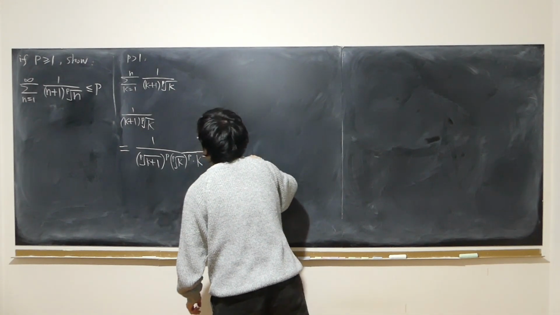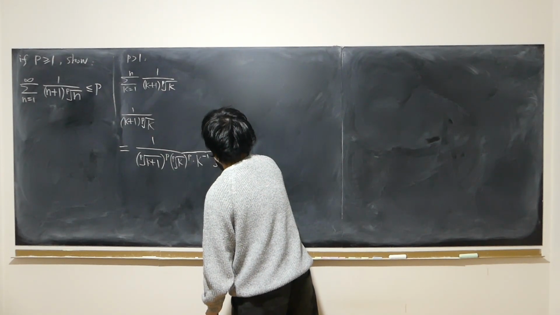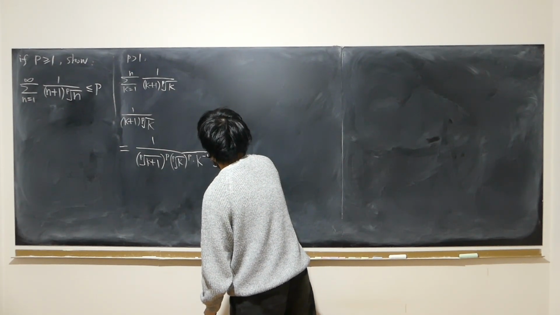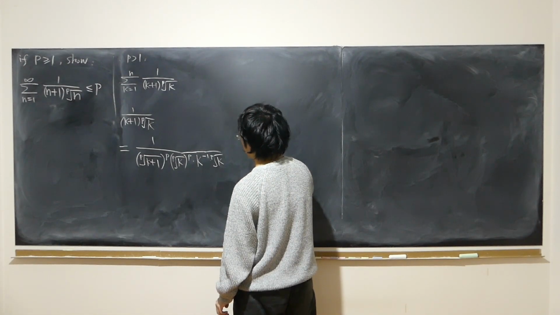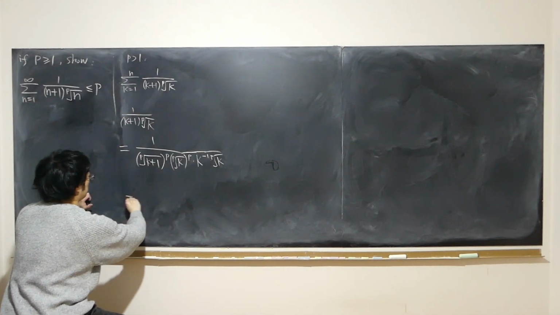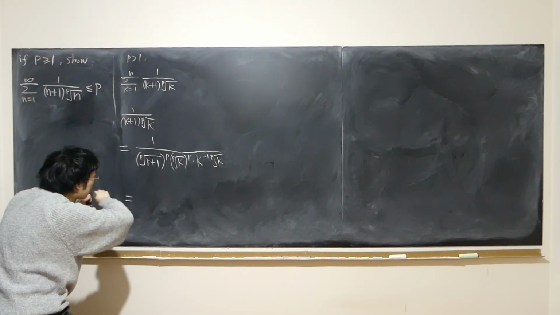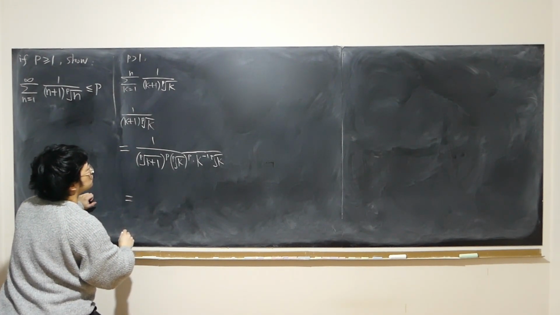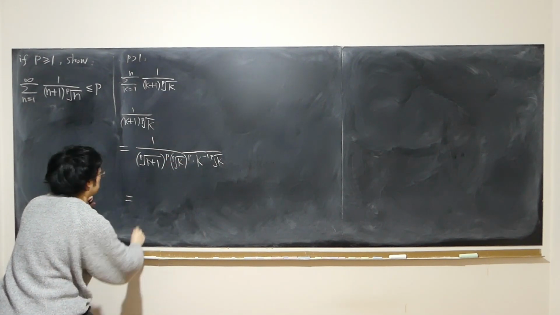Right, still the same thing, and still times the pth root of k. So that it's still the same thing. Right. So in other words, now what do I have? Simply I have just k to the minus 1, 1 over k to the minus 1, just k itself, right?